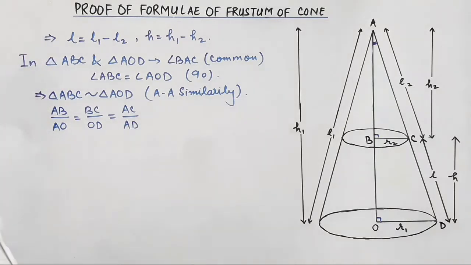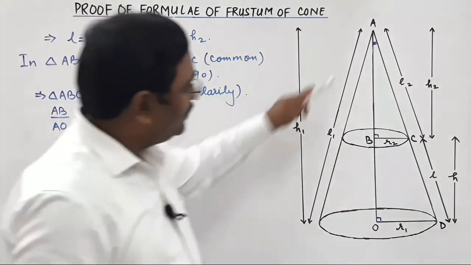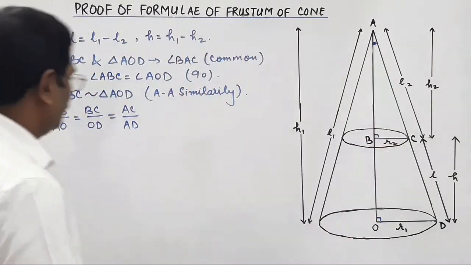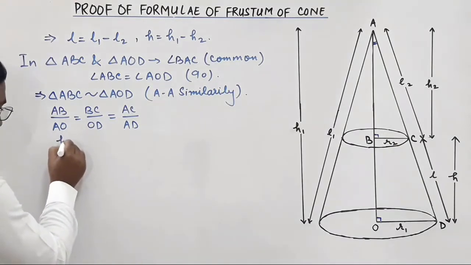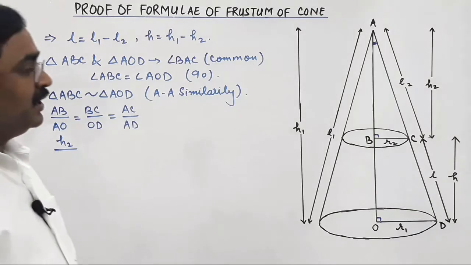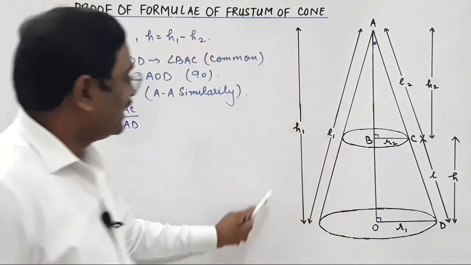Right? So let us substitute these values. The measure of AB is the height H2, the height of the smaller cone. AO is the height of the bigger cone, which is H1.